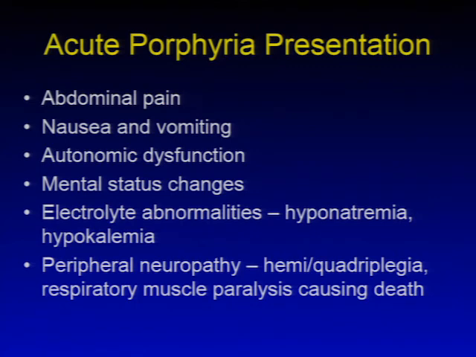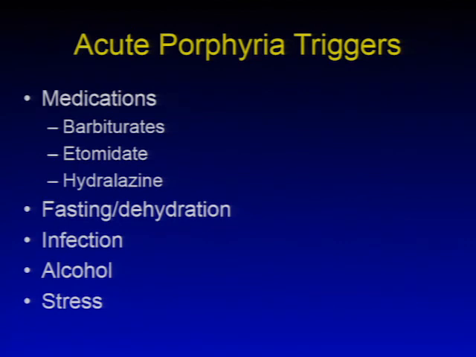However, then there can be autonomic dysfunction, electrolyte abnormalities, typically hyponatremia or hyperkalemia, and then the real severe things, the peripheral neuropathies. Patients can have hemi or quadriplegia. There have been cases where respiratory muscle paralysis led to death in these patients.